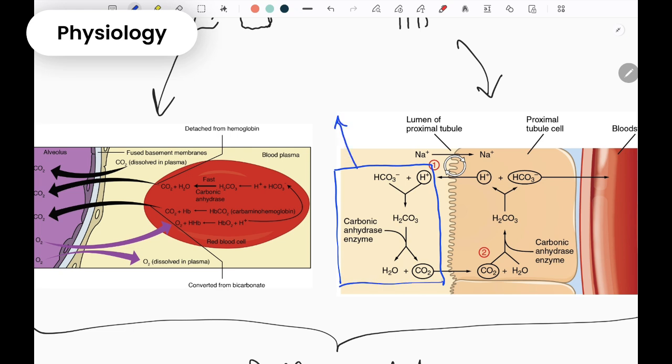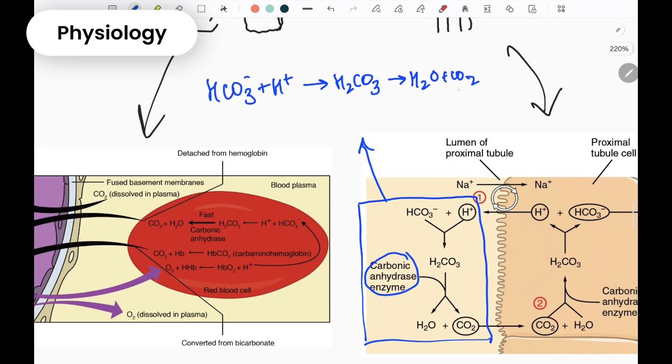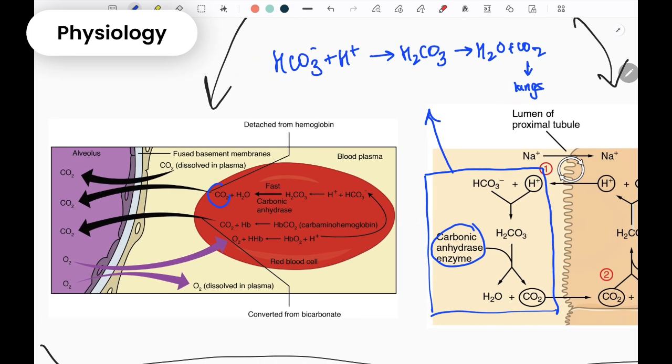If I wrote it out for you, it would be bicarbonate and H plus ions make H2CO3, using the carbonic anhydrase enzyme, which splits into water and CO2. Now, what we try to do when these things happen is we try to push CO2 out using the lungs in exchange for oxygen, which is seen here, being put into the alveolus.